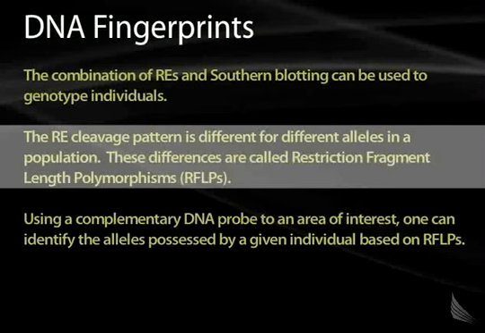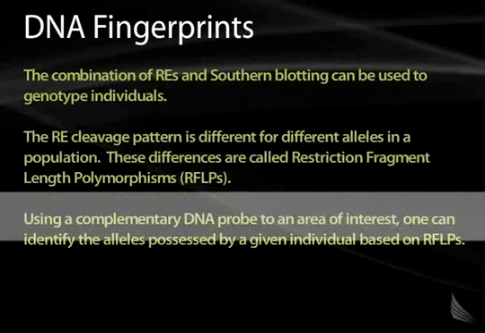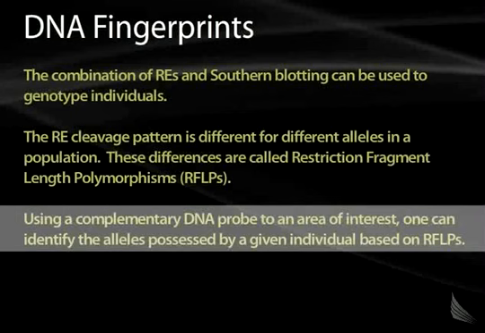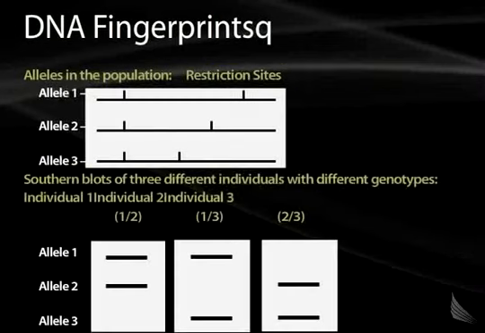Now, the fragments that are produced by restriction endonucleases in this case are what we call restriction fragment length polymorphisms, or RFLPs for short. Now, we can use a complementary DNA probe then to a particular area of interest, and we can identify particular alleles possessed by a given individual based on these RFLPs. So here's an example.